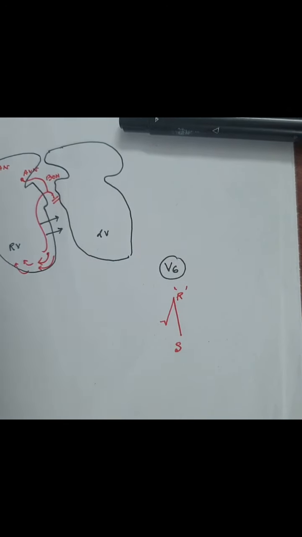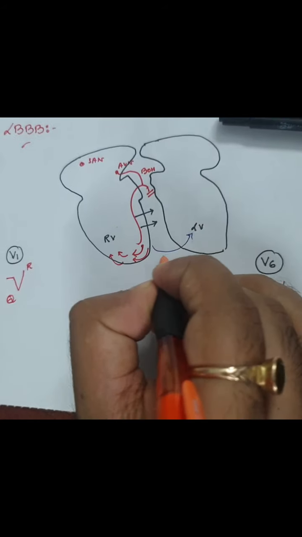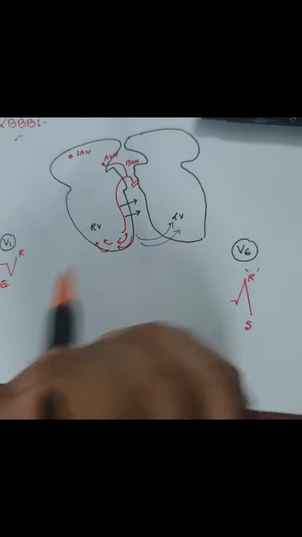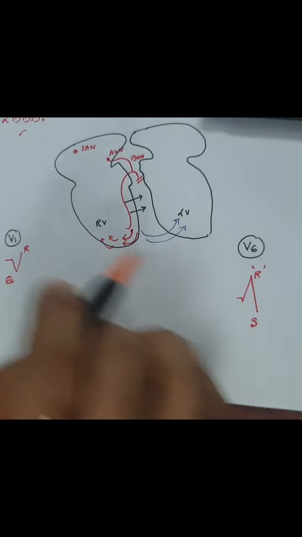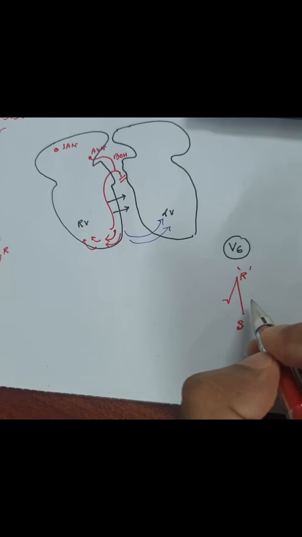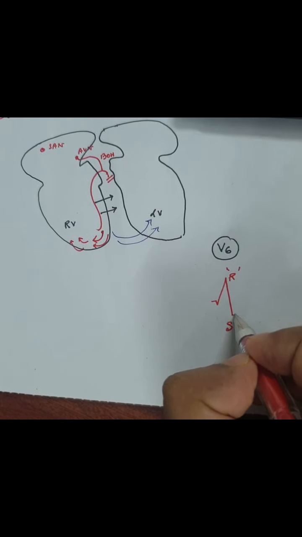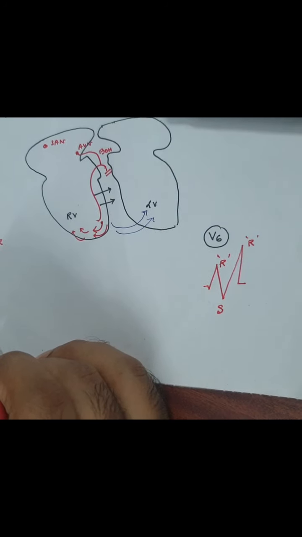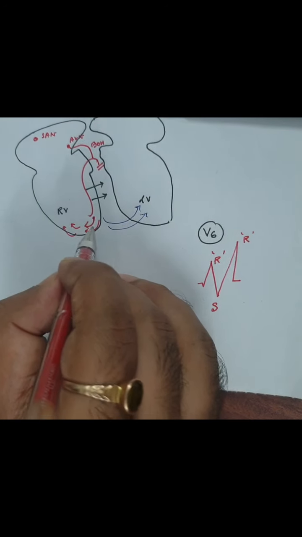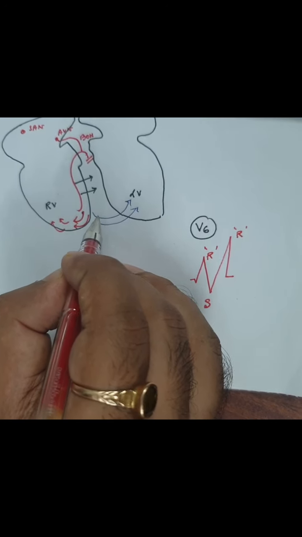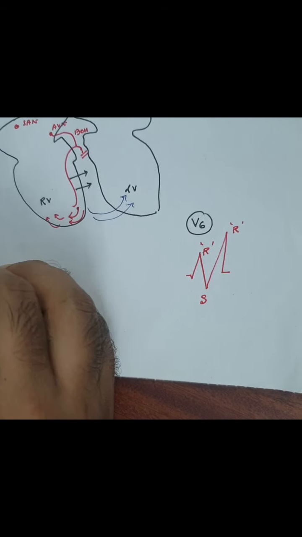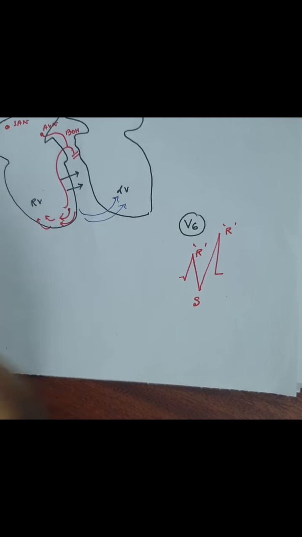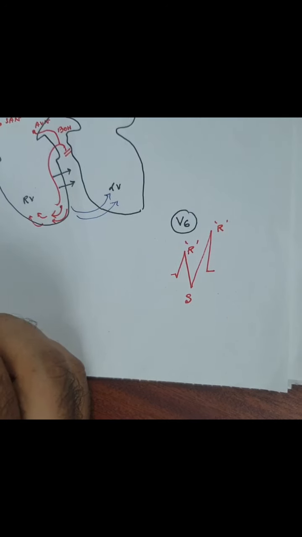These electrical impulses pass from the right ventricular muscle to the left ventricular muscle. So again the V6 lead will show a positive deflection, an R wave, but this wave or electrical impulse is going away to the right, away from the right ventricle, so a negative deflection or S wave is generated.